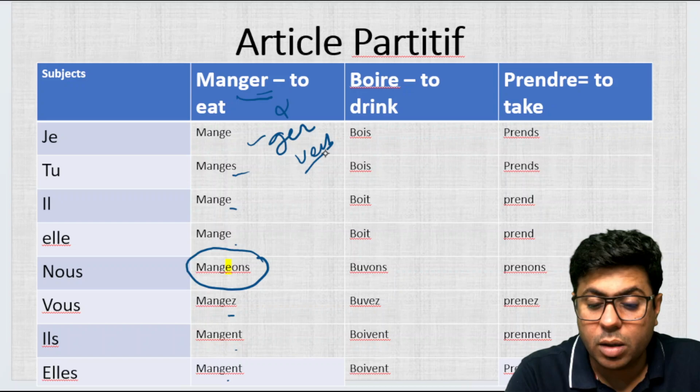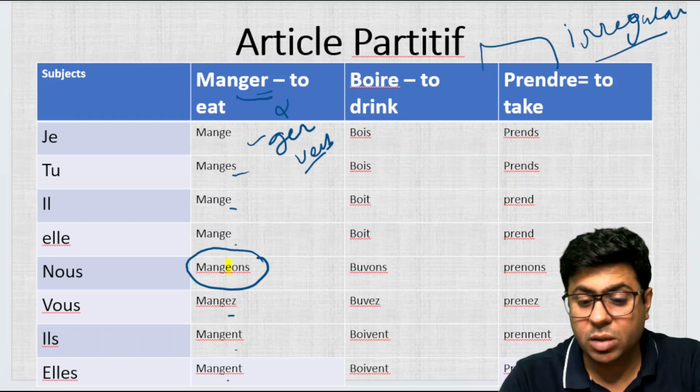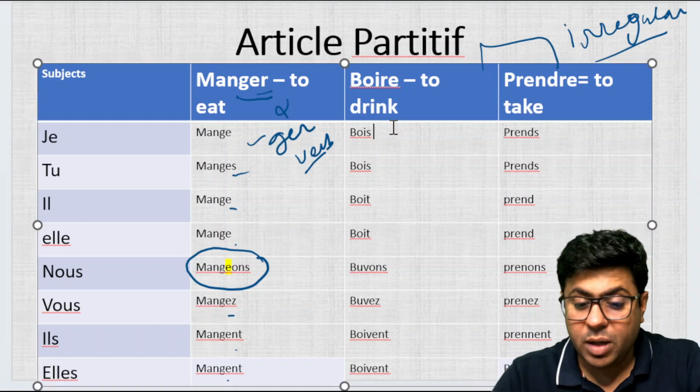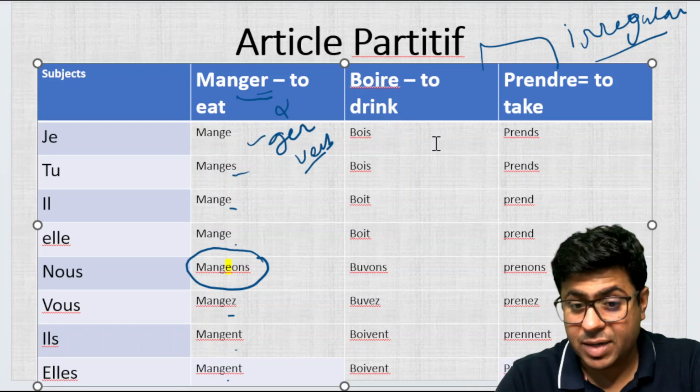Now the second and third verbs are exceptions. They are irregular verbs. You have to memorize them as they are conjugated. There is no other rule. Let me try the pronunciation of this verb. You probably know it very well, but let's try.